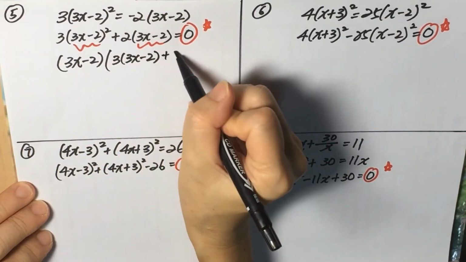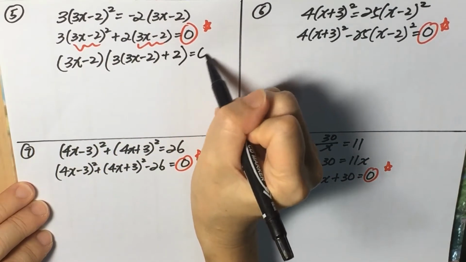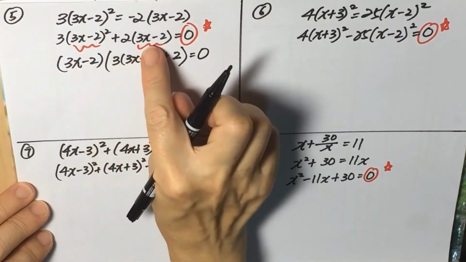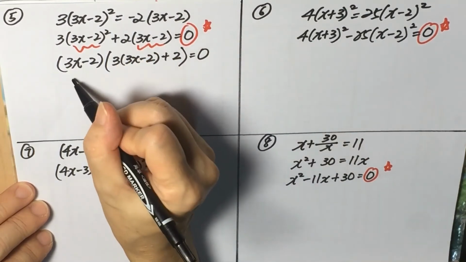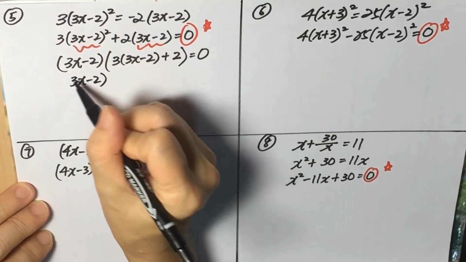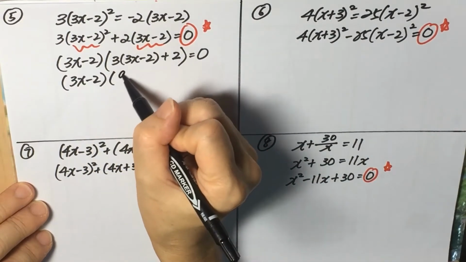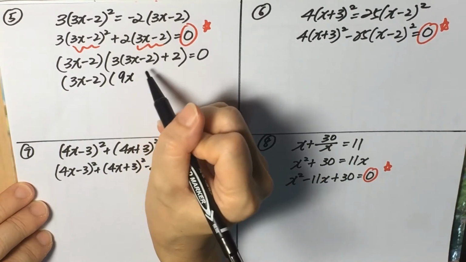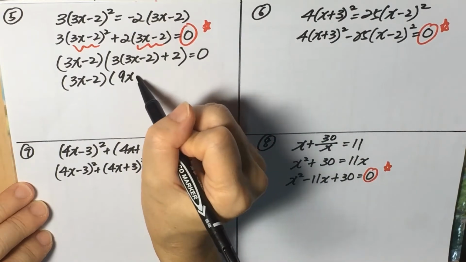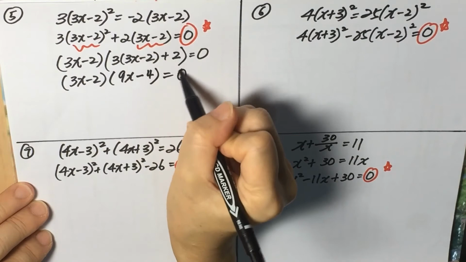As for the second term, it is plus 2, because 2 multiplied by this gives that term. 3x minus 2 cannot be simplified further. So I have 3 times 3, 9x; 3 times 2, negative 6, plus 2, that will be negative 4, equals 0.